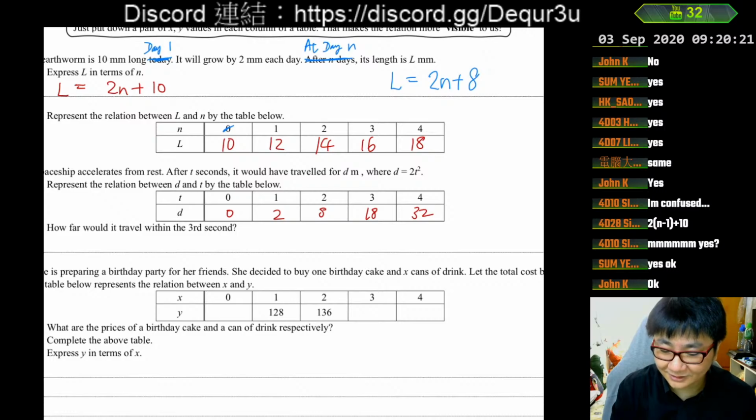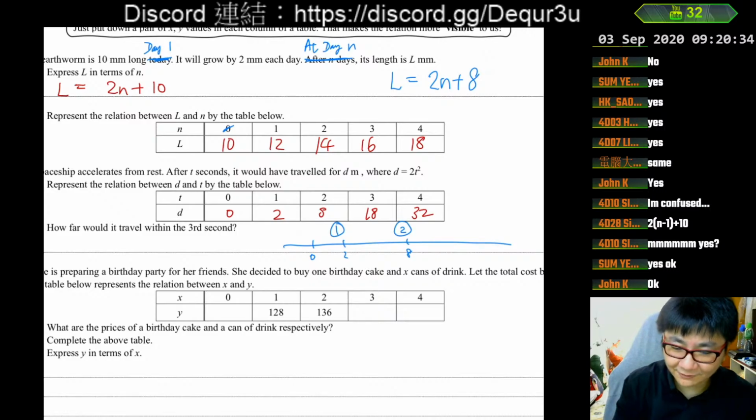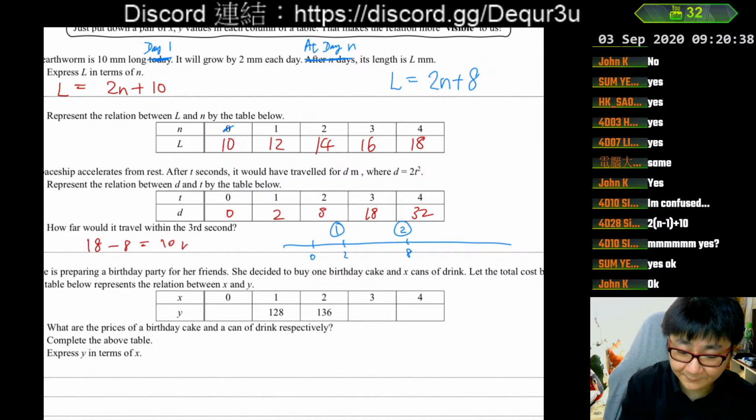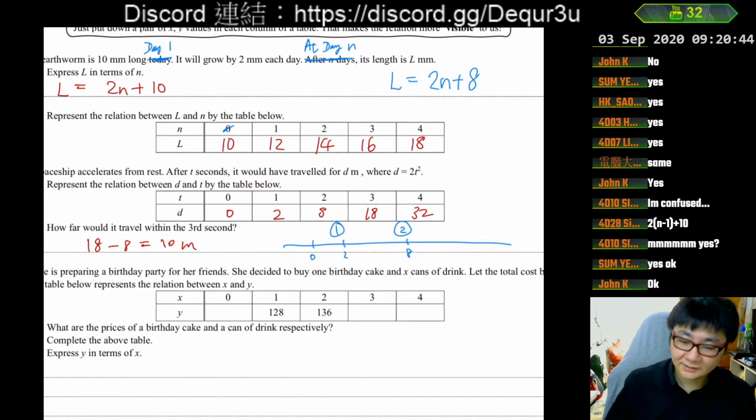That means if we try to represent it on a line to show the position, at first it is 0, then at 1 second it will be here, and then further away at 2 seconds. And therefore, how far will it travel? It will be 18 minus 8, which is 10 meters. So it is about understanding. After making the table, what is it useful for?